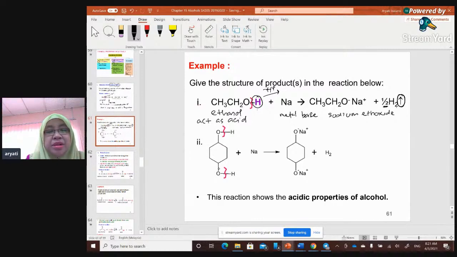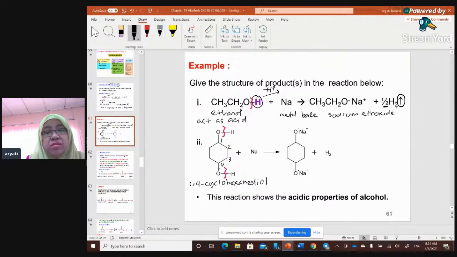Second example, this is cyclohexane-1,4-diol.